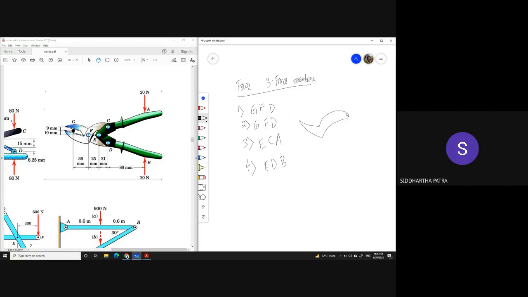this problem might look complicated, but it's actually not. Okay, so there is C, there is F, and there is G, where some cutting force is applied.